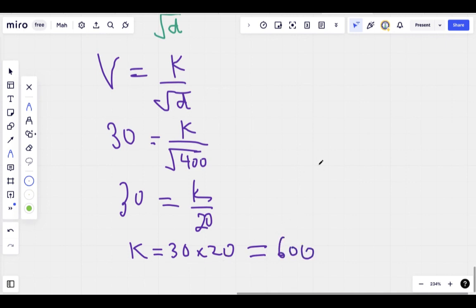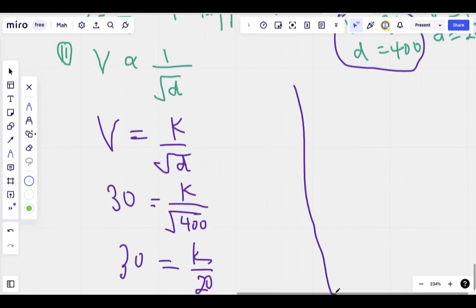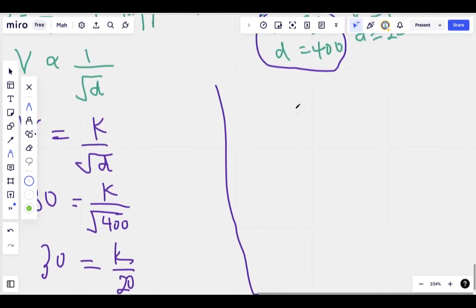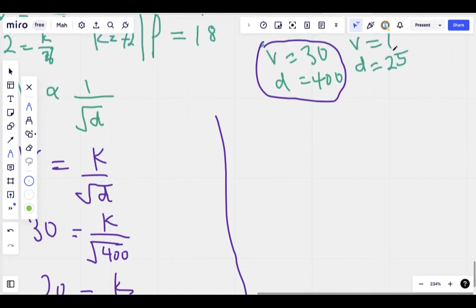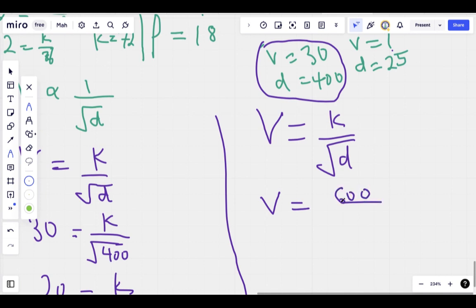The moment we get that, it's pretty easy for us to find the other value of V that they ask us to find. We write the formula, V equals K over the square root of D. K was 600, so we write 600 all over the square root of 25.